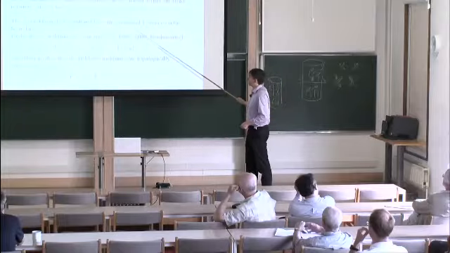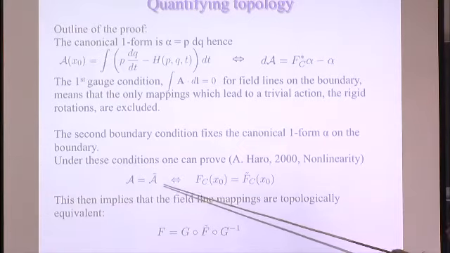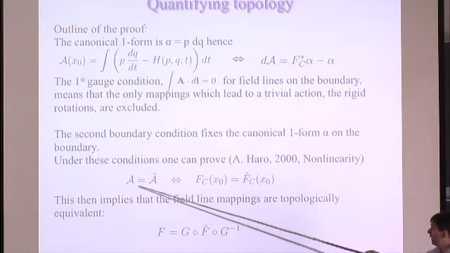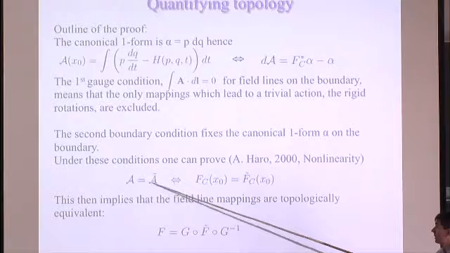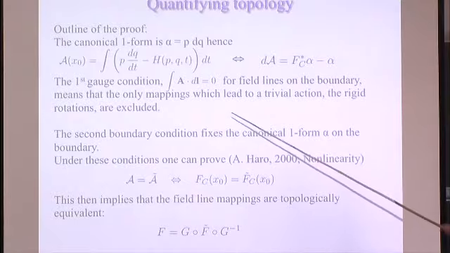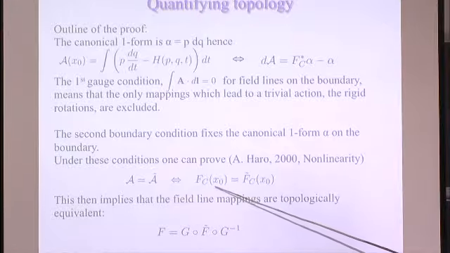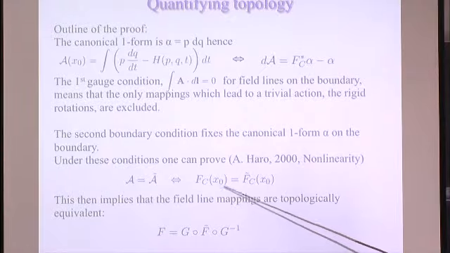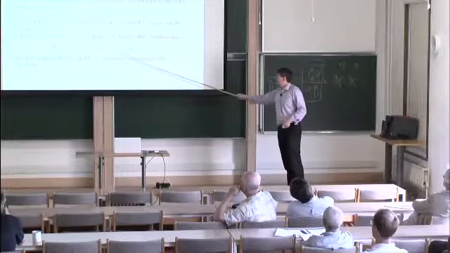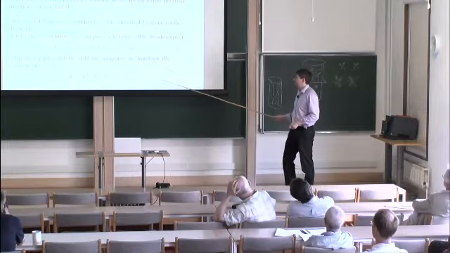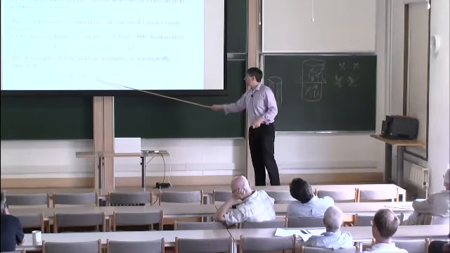This helps to prove the theorem that the only case in which two different fields can have the same Hamiltonian action, or generalized flux function, is when they also have the same time 1 field line mapping. And if they have the same time 1 field line mapping, then the field lines in the domain themselves have to be conjugated.